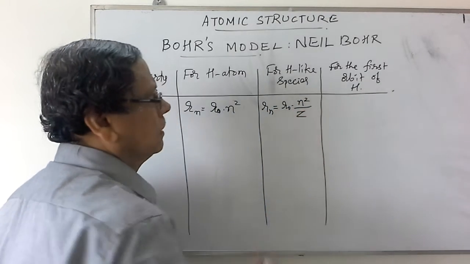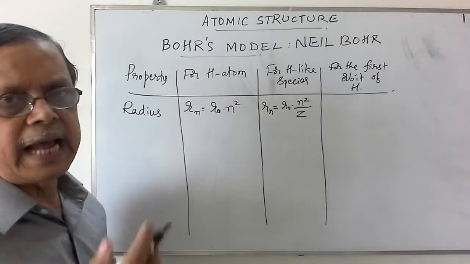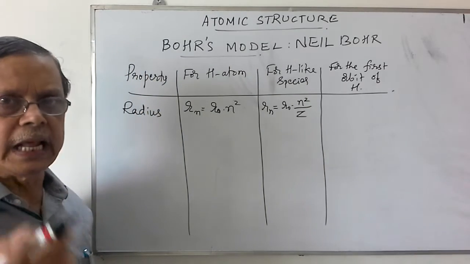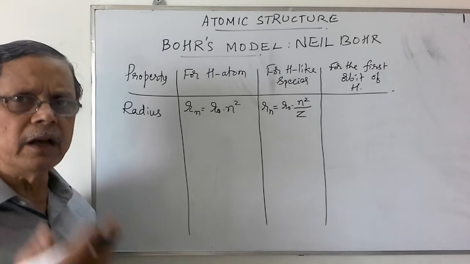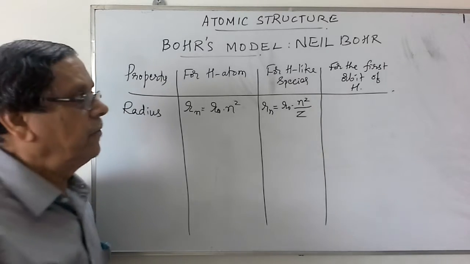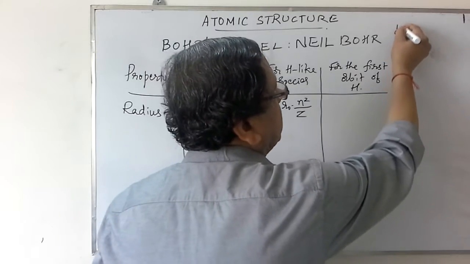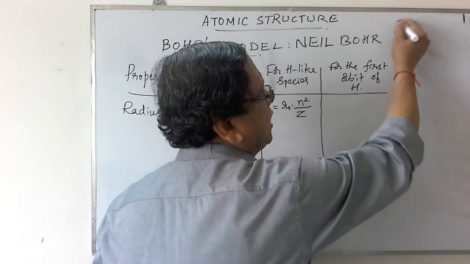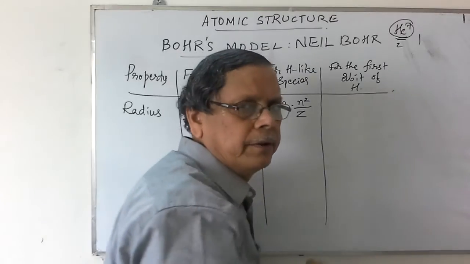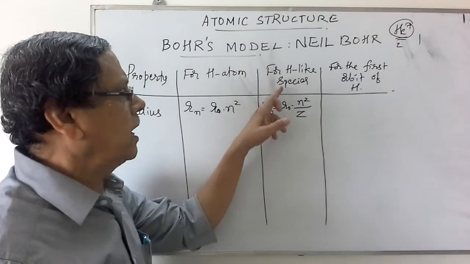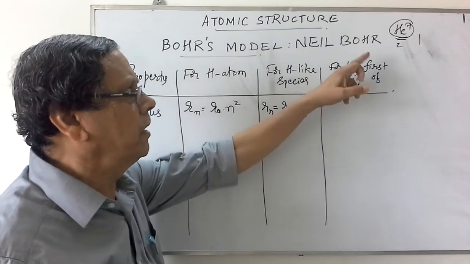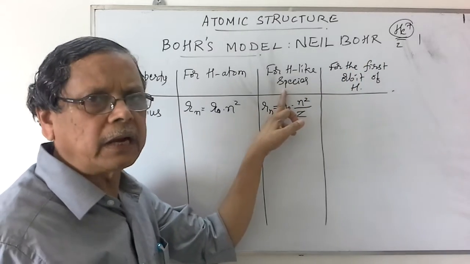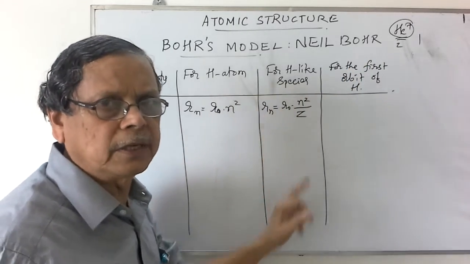Suppose you consider an atom which consists of only one electron, an ion containing only one electron. For example, the helium ion: helium atomic number is 2, but in this He plus there is only one electron. So any atom or ion containing only one electron is called a hydrogen-like species.